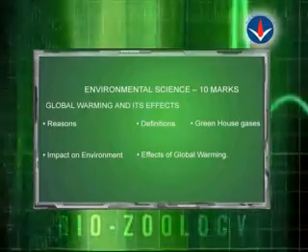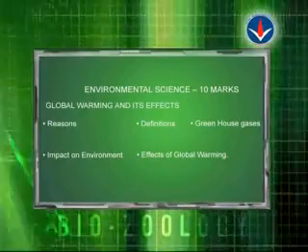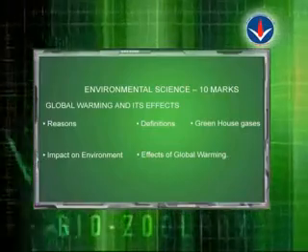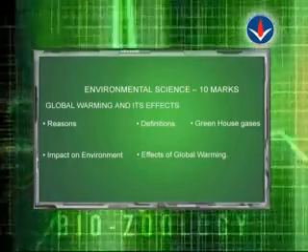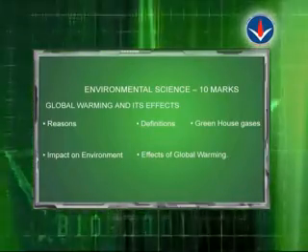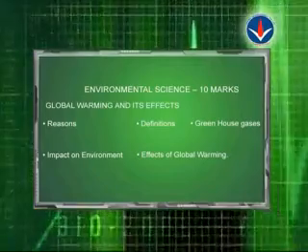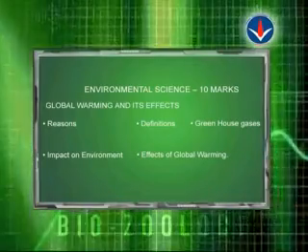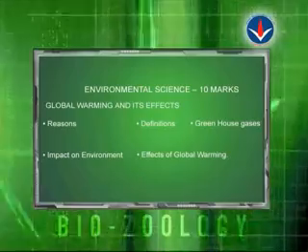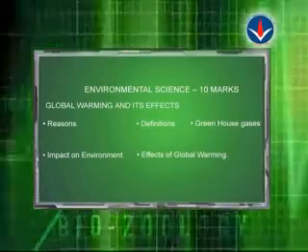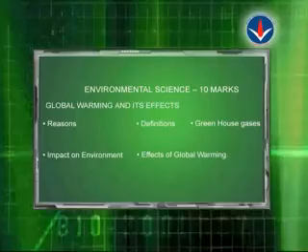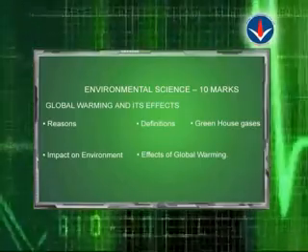the first one, global warming and its effect. Global warming and its effect is a well-known fact. Everybody is experiencing this. It covers the reason for global warming, the definition of greenhouse effect, what greenhouse gases are, their impacts on the environment, and at last the effects of global warming.